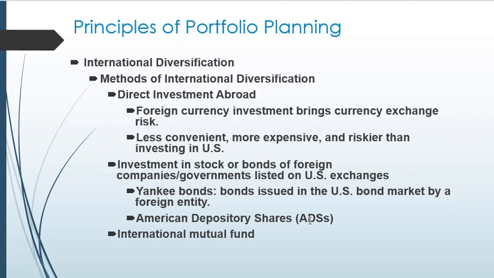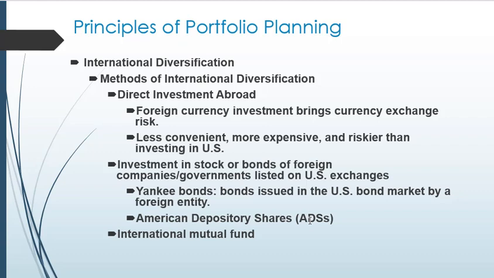Yankee bonds are bonds issued in the United States but issued by a foreign entity. And an American depository share is a receipt, if you will, that represents a stock that's held in the vault of a bank.